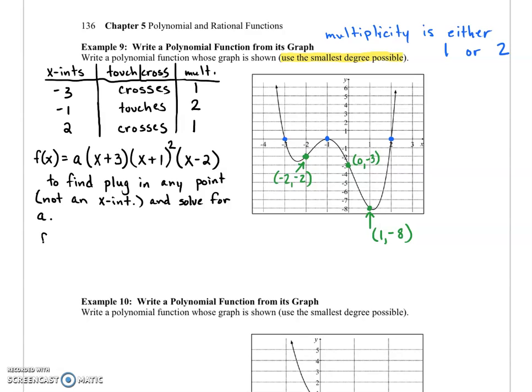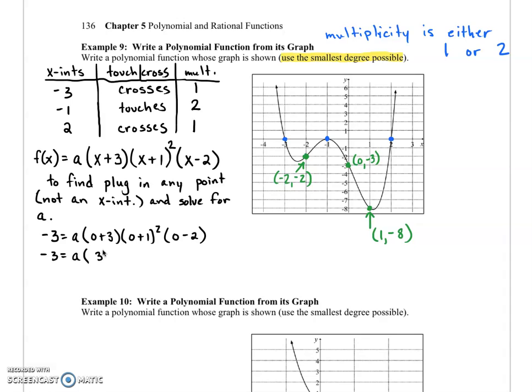So I will say f of 0, that is my y. So -3 equals a times 0 plus 3, 0 plus 1 squared times 0 minus 2. And now I will just solve.